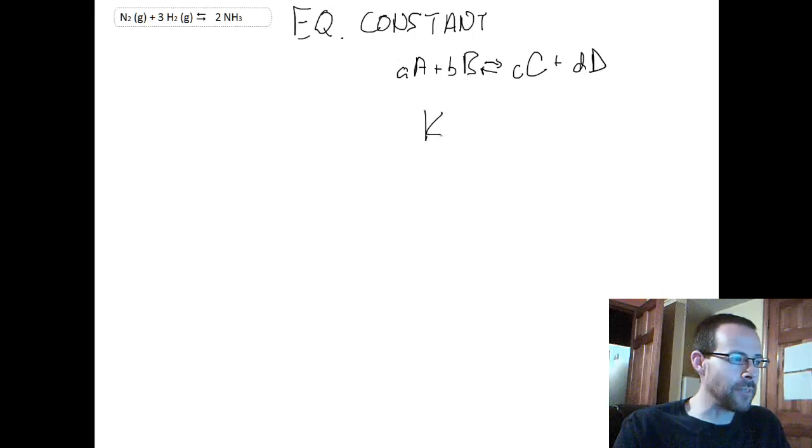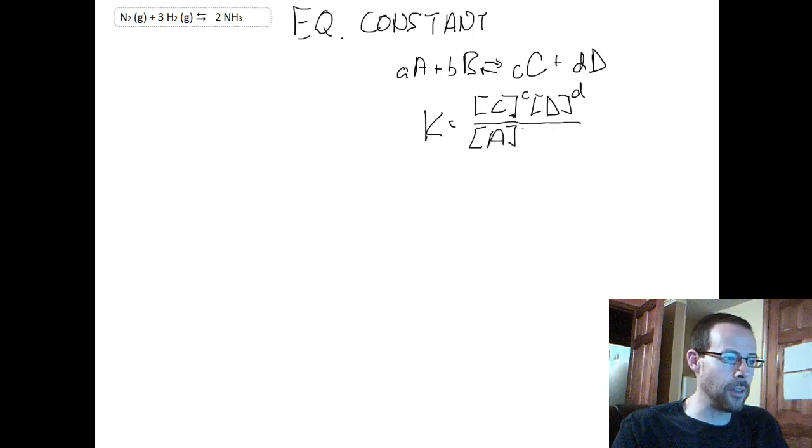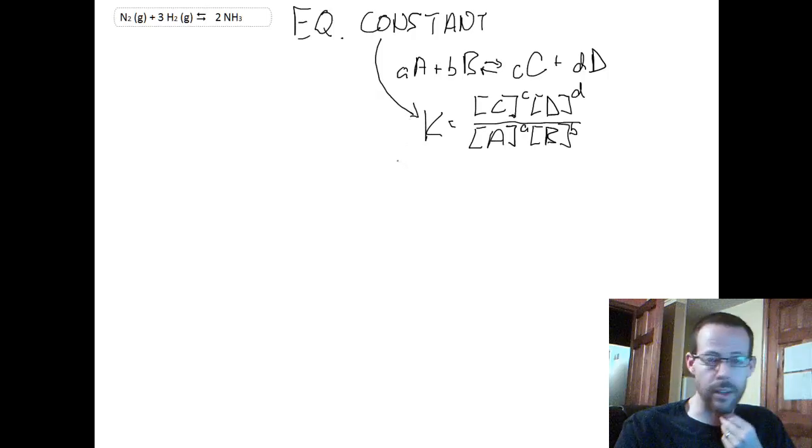So K is always equal to the concentration of C, one of our products, raised to its coefficient, times the concentration of our other product raised to its coefficient, all divided by our reactants: A raised to its coefficient times B raised to its coefficient. That is the form of the equilibrium constant, and the equilibrium constant is that K right there.